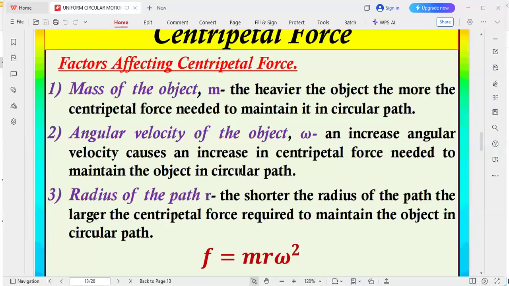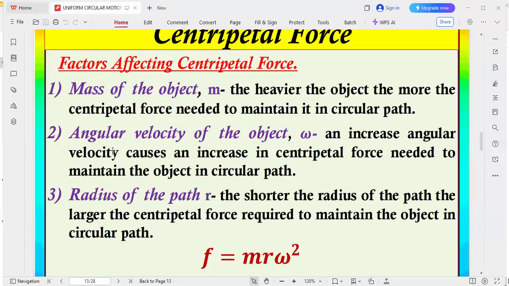Then the second factor is angular velocity, where we are told that an increase in angular velocity causes an increase in centripetal force required to maintain this body in a circular path. It's very easy for a lighter vehicle to negotiate a bend, and for a heavy lorry to negotiate the same bend. That is when it comes to mass.